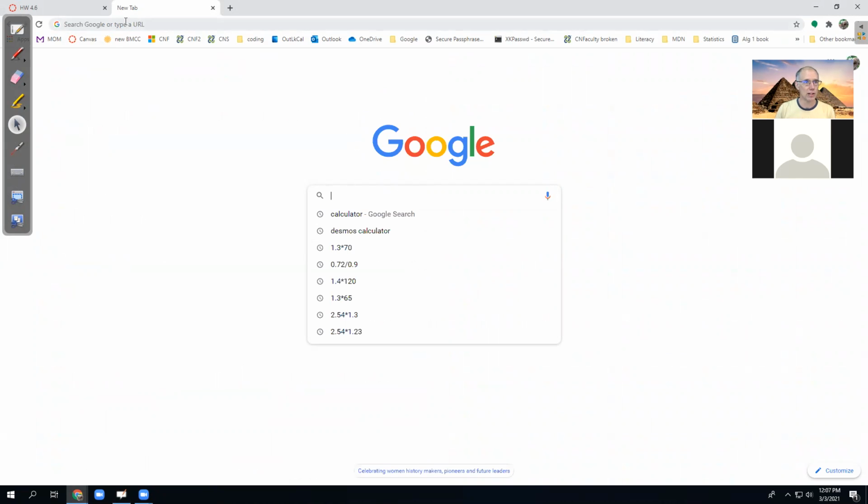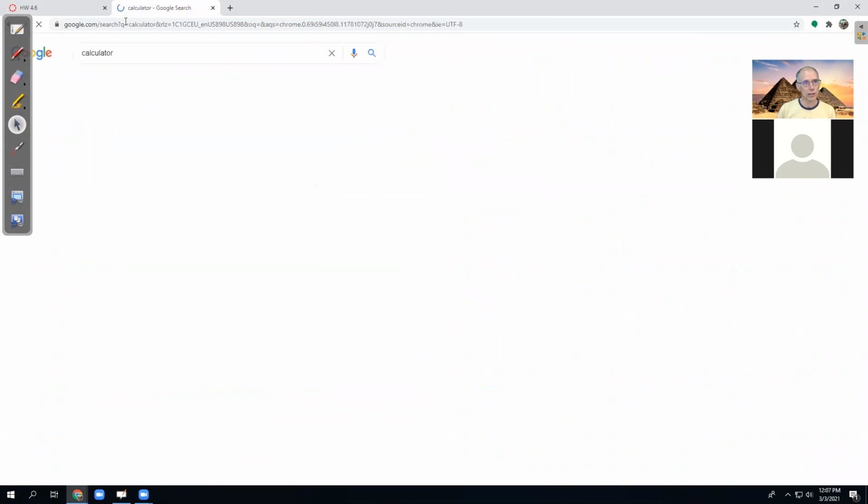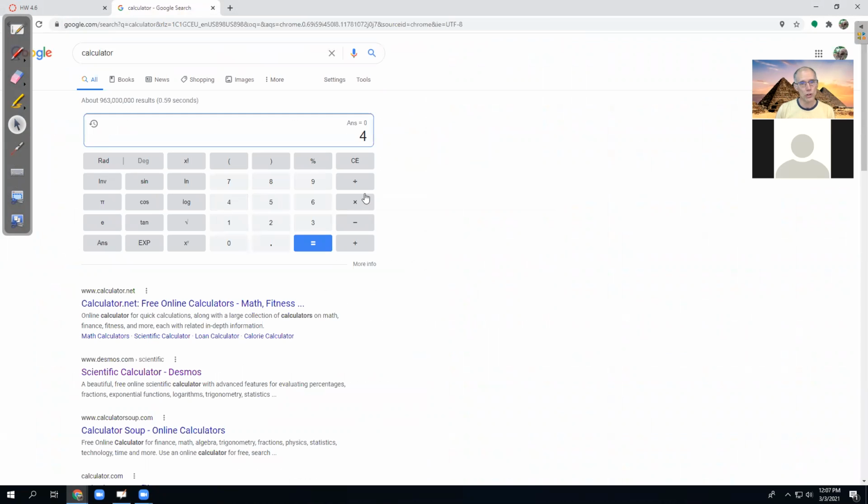I'll write my stuff down in a sec. First I need my calculator. I think I'll just use the Google calculator. 4/3 is just 4 divided by 3, whether it's stacked or not, doesn't matter. Times, use your pi button instead of 3.14. And then I want to take 695,000 and raise it to the 3rd power.